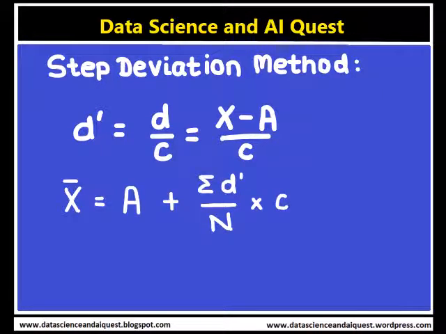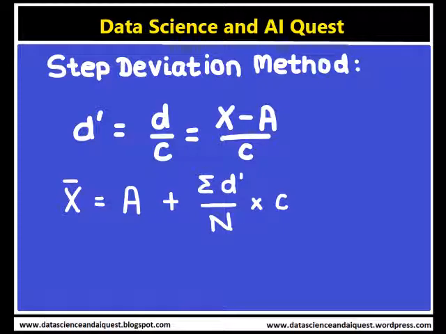The formula is: x bar is equal to a, the assumed mean, plus the summation of all the deviations over the total number of observations n, multiplied by c, the common factor.